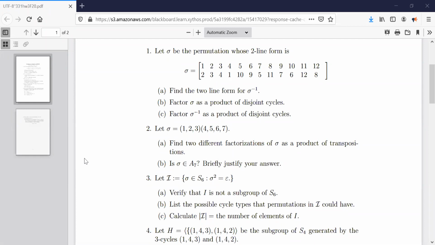Yeah, so the formal definition here. A stands for alternating, right? So the alternating group of degree 7.